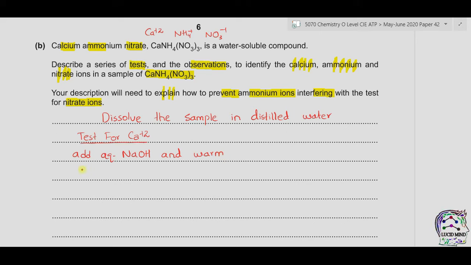Then the observation is that a white precipitate is formed which is insoluble in excess. And it confirms the presence of calcium plus 2.